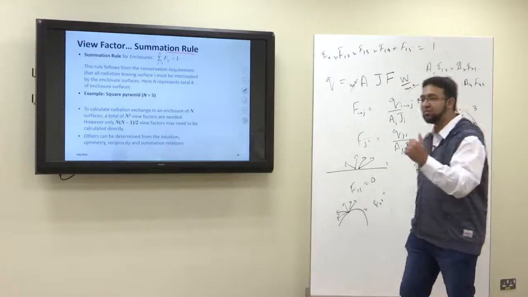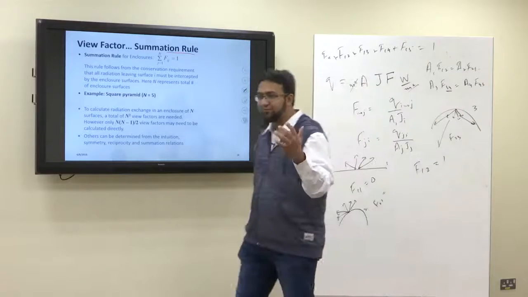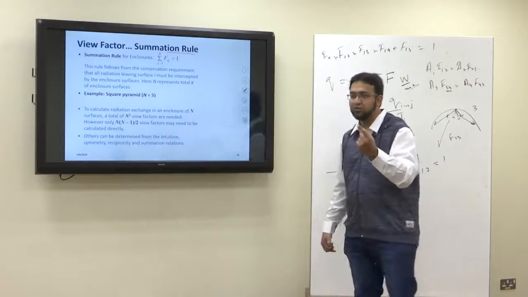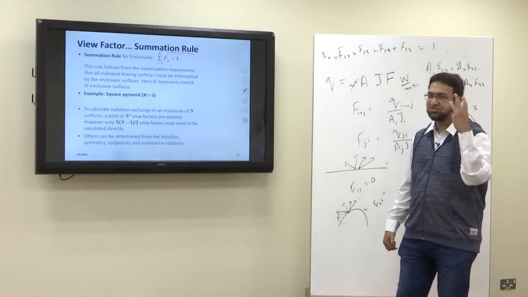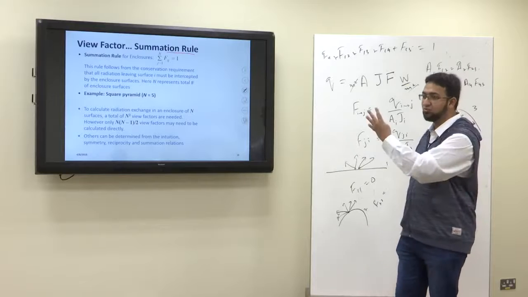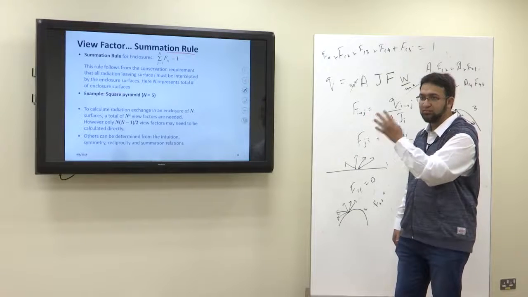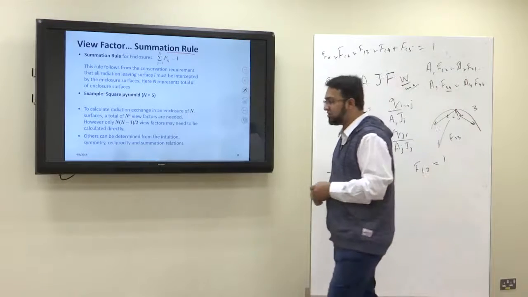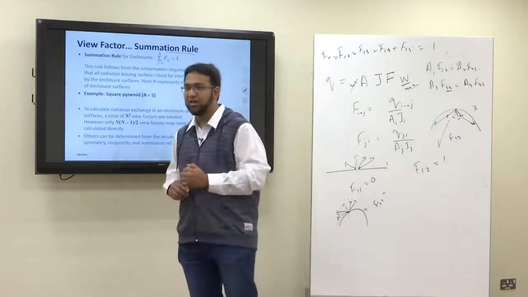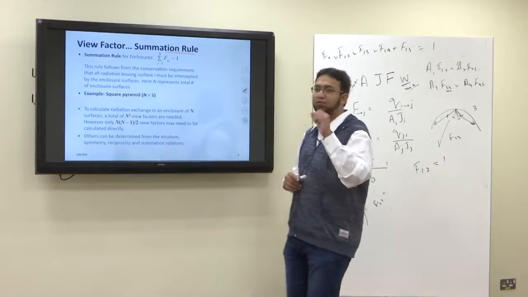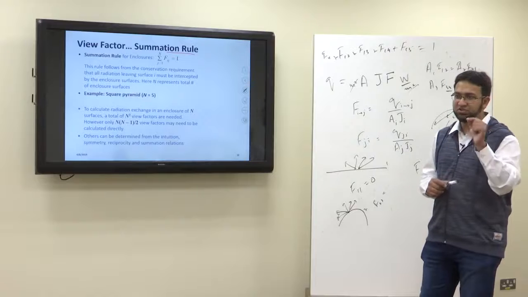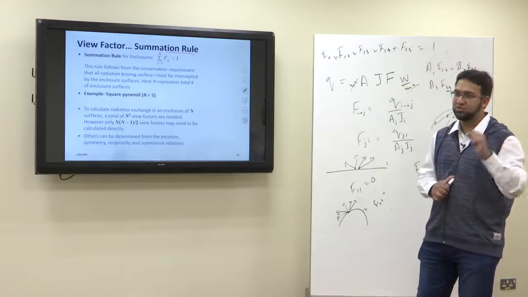And in order to determine the view factors, there are 5 basic ways: reciprocity relation, by inspection, by symmetry, summation rule or enclosure rule. And the 5th one is, sometimes none of these rules are applicable, and then we have certain formulas developed for certain conditions, for certain situations. Then we might be using those formulas.